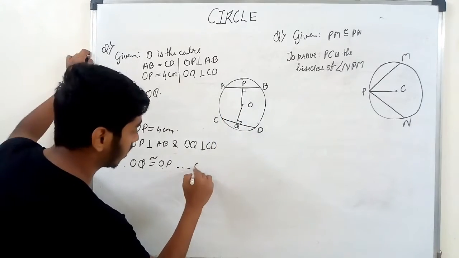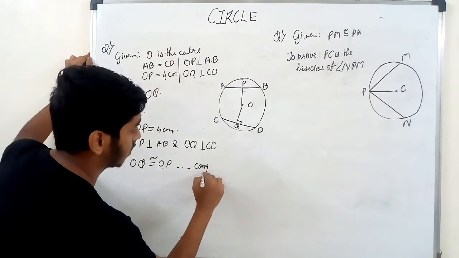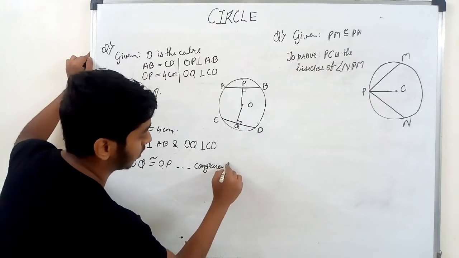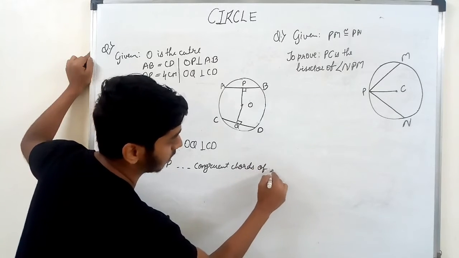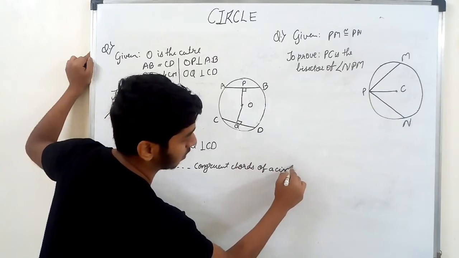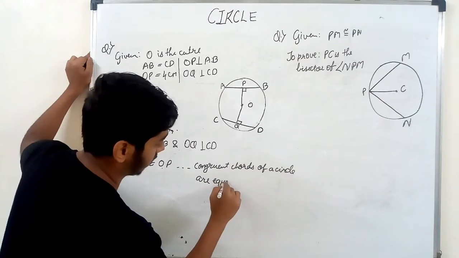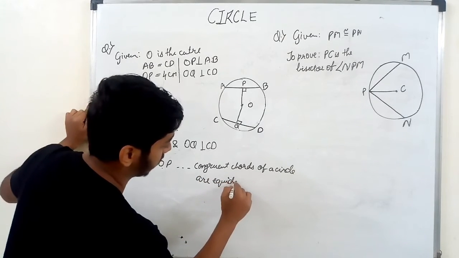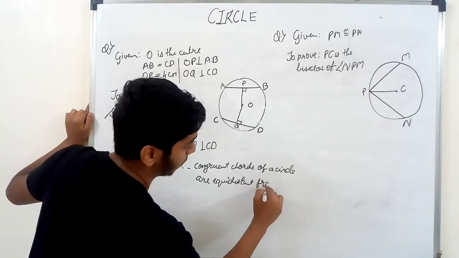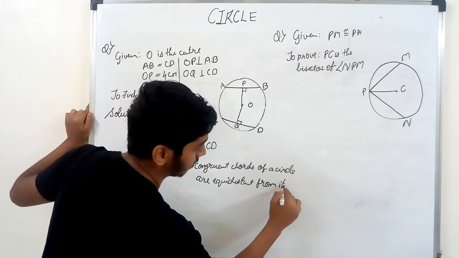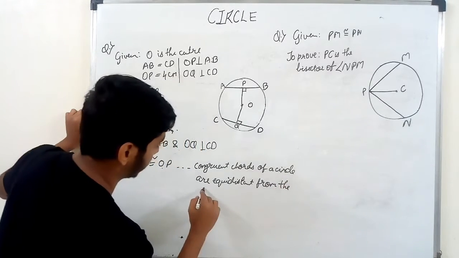So what will we say? We just did the theorem that says congruent chords of a circle are equidistant from the center.